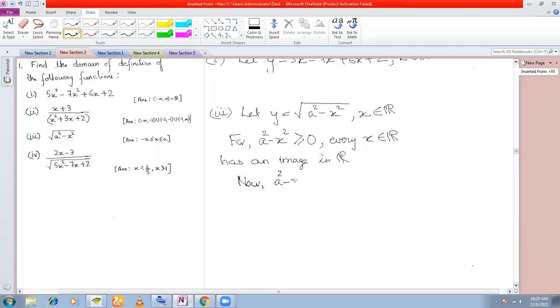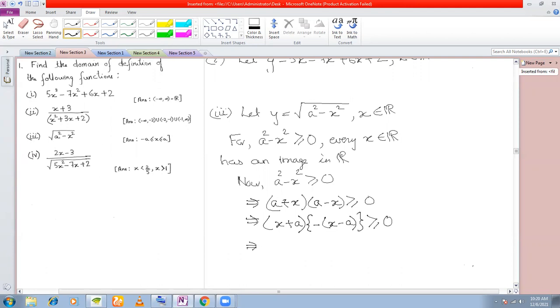Now a square minus x square greater than or equal to 0 means a plus x into a minus x is greater than or equal to 0. That means you get x plus a into, you can write this as minus x minus a greater than or equal to 0.